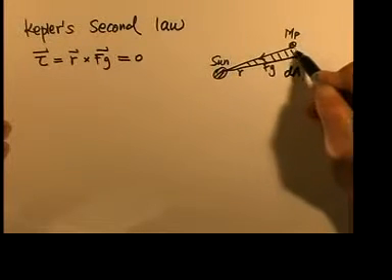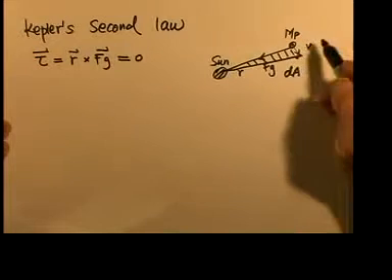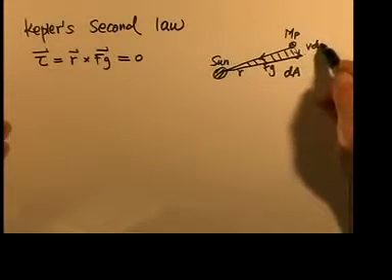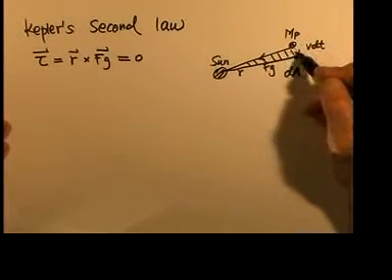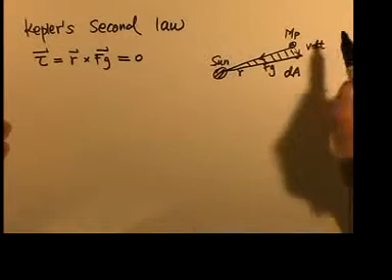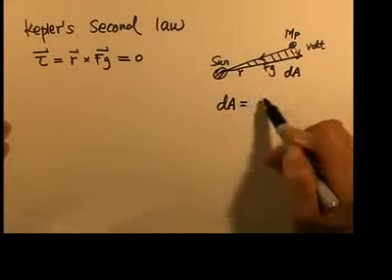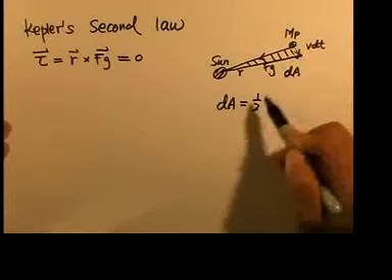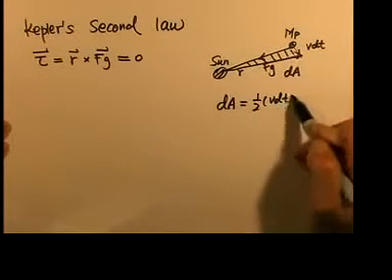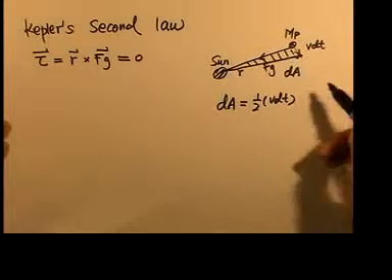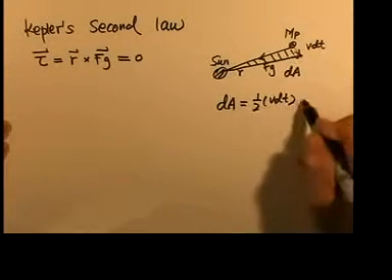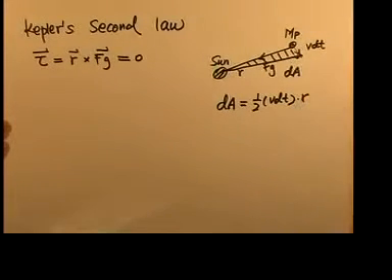So if the planet moves with velocity v, then v times dt gives us the distance it travels, and the area of this triangle, dA, equals 1/2 base times height. Because it's very small, you can view this as a triangle. The height is the vector r.